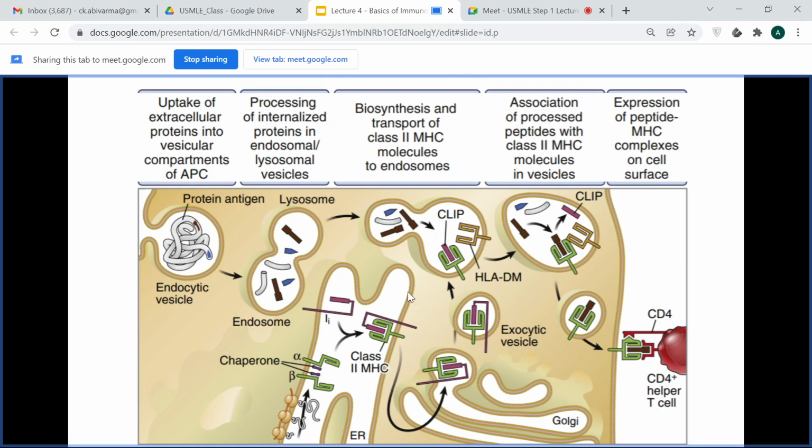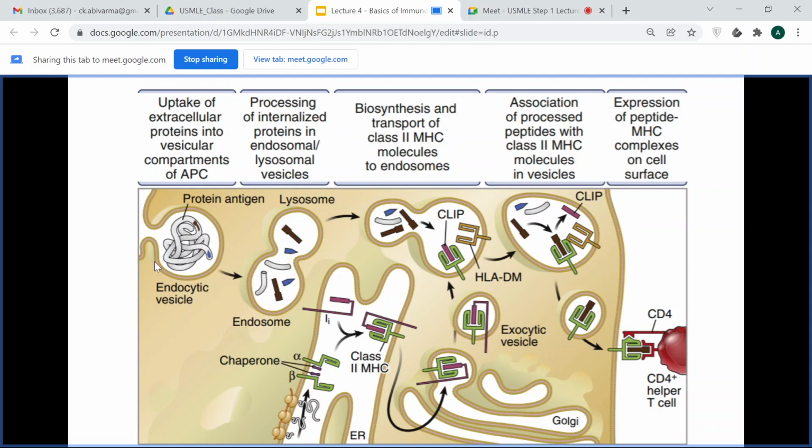So one pathway is called the extracellular pathway, and this is the one that triggers MHC class 2 molecular expression on the cell surface. The extracellular pathway is MHC class 2 because it digests extracellular proteins. What I meant by that is, imagine this is a microbial antigen.